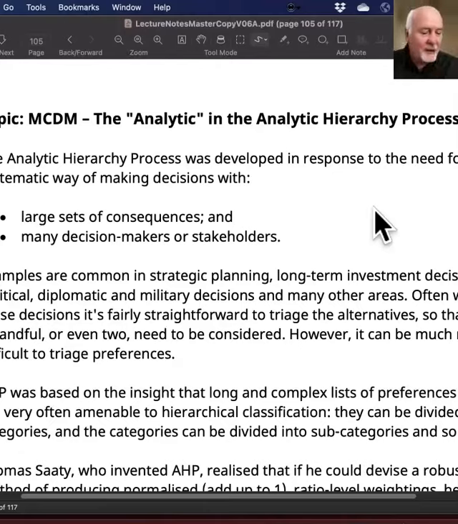So the analytic hierarchy process, I think it was invented, I don't know the exact date, but somewhere around about 1970 by a fellow called Thomas Saaty, who I think is still alive, and he was a very famous management scientist, we used to call them, or operations researcher. And a lot of the work that management scientists and operations researchers do is around.